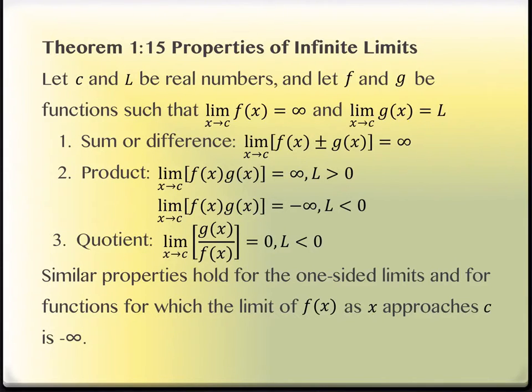Okay. The quotient one, again, it matters the order of this. Notice, the value on top is the limit that we know a number for, right? It's L. The one on the bottom is infinity. So if you divide something that's a constant number, or approaching a constant number, by something that's approaching infinity, you get 0.